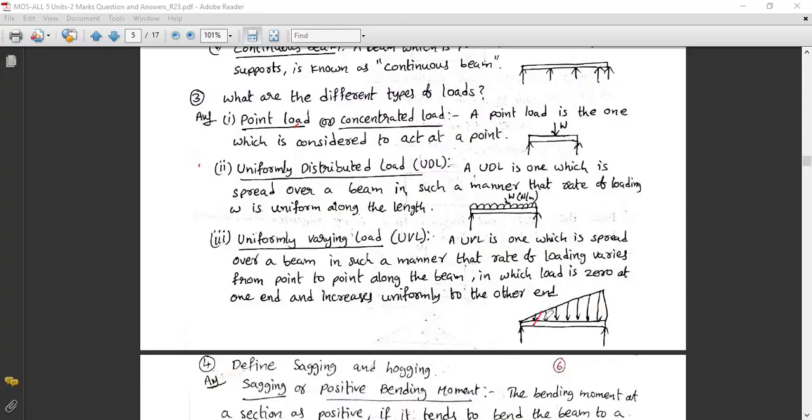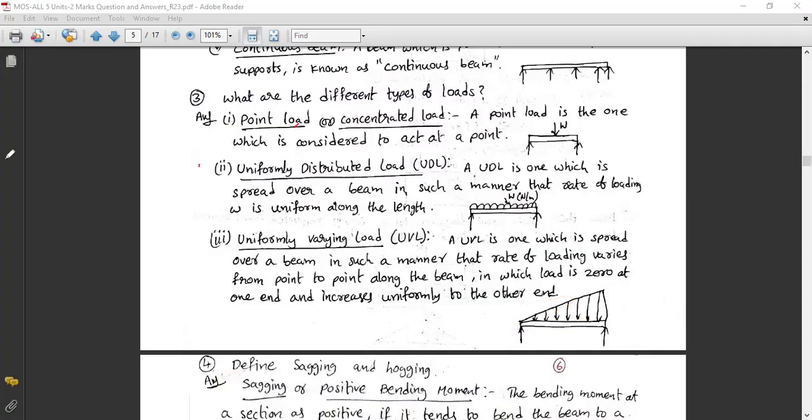Definitely, the load is varying at each point. In it the load is zero at one end and increases continuously, so at one end it is zero and the maximum load is at the other end. It can happen from this direction or that direction, and it increases uniformly to the other end.